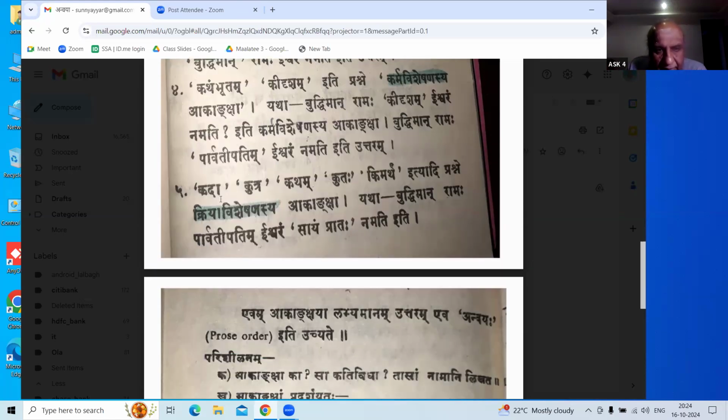Now, the fifth one: kada, kutra, katam, kutah, kimartham. Kada means when, kutra where, katam how, kutah why, kimartham for what reason, ityadi prashne kriya visheshanasya akanksha.